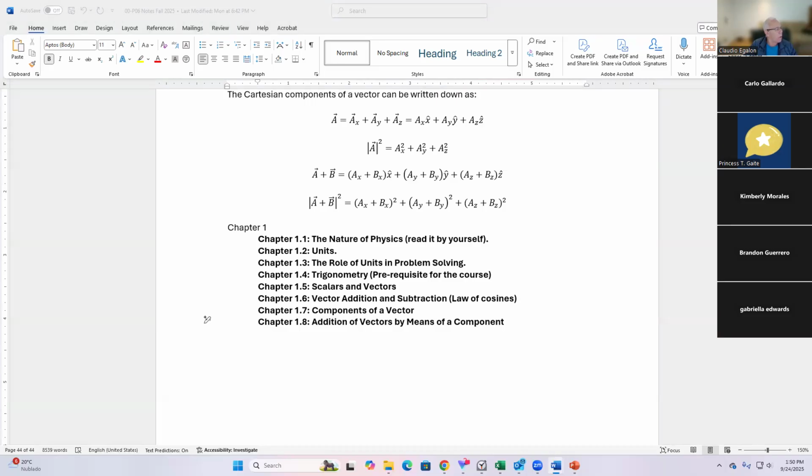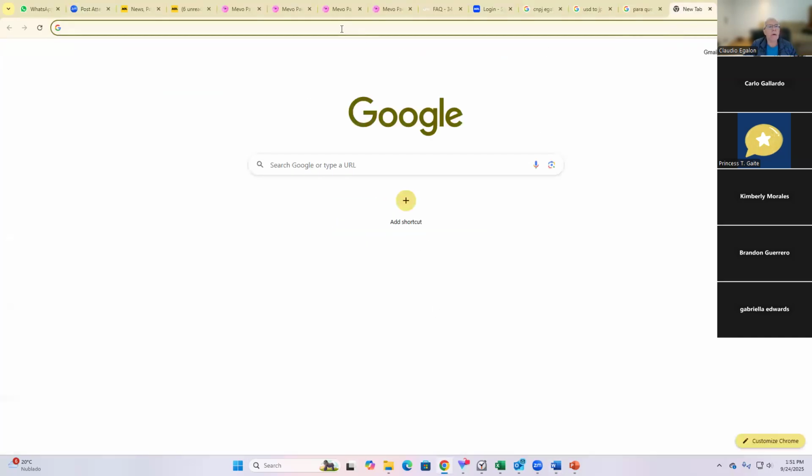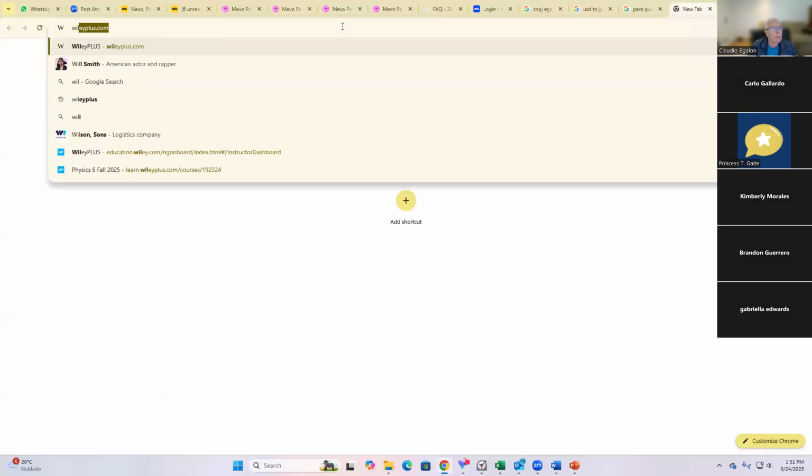And now we want to cover two-dimensional motion. And let's take a look at the book as well. Wiley Plus.